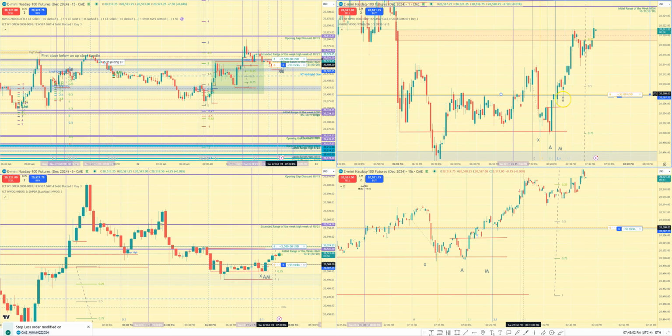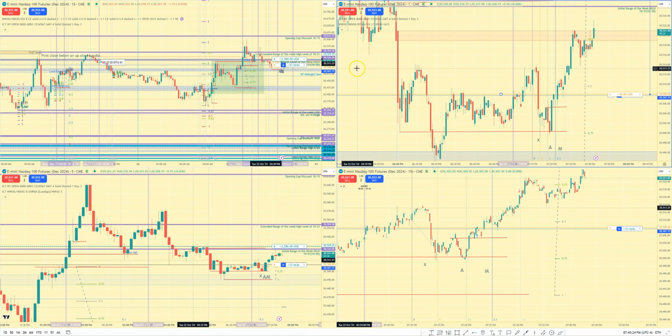Again, I do recall price coming back down into a fair value gap, a breakaway gap, and then continuing on its way up. I don't want to deal with all of that though, so if I get stopped out, I get stopped out. That'll be that.